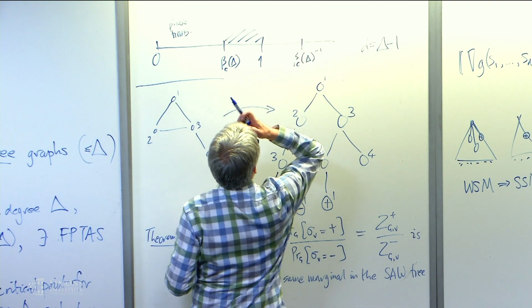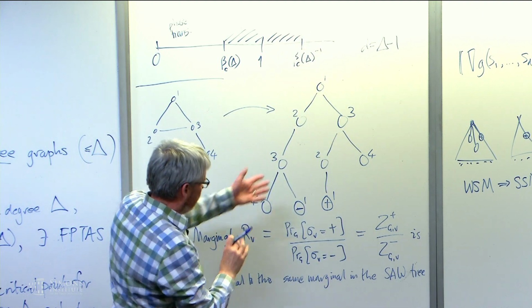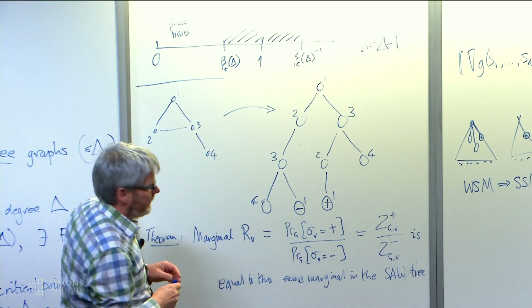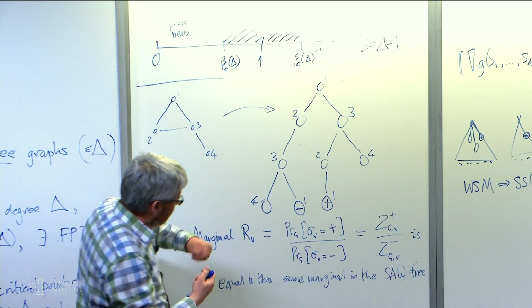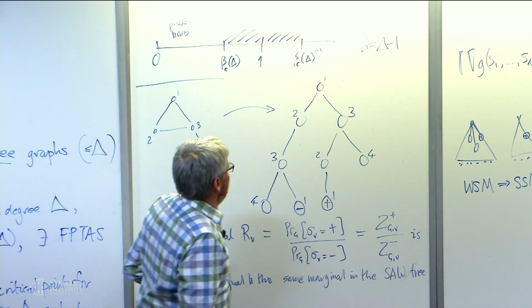which is the thing I started to draw here, this argument works, and it even works with a field up to the critical field for decay of correlations in a weak sense.